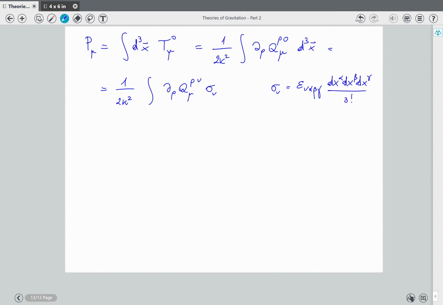This d3x when nu is equal to 0, because if we are integrating on space, then necessarily alpha, beta, and gamma have space indices, which brings nu to be 0, and therefore you get what we had before.